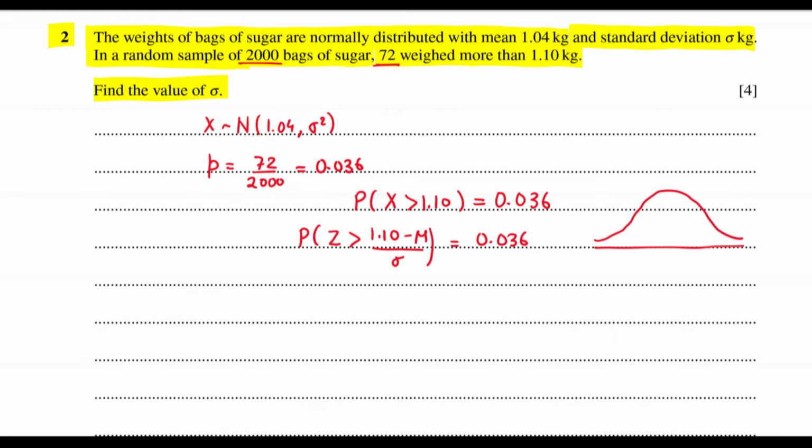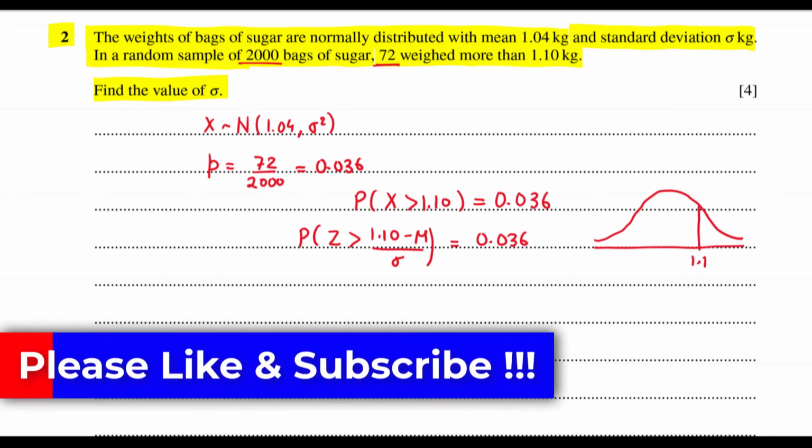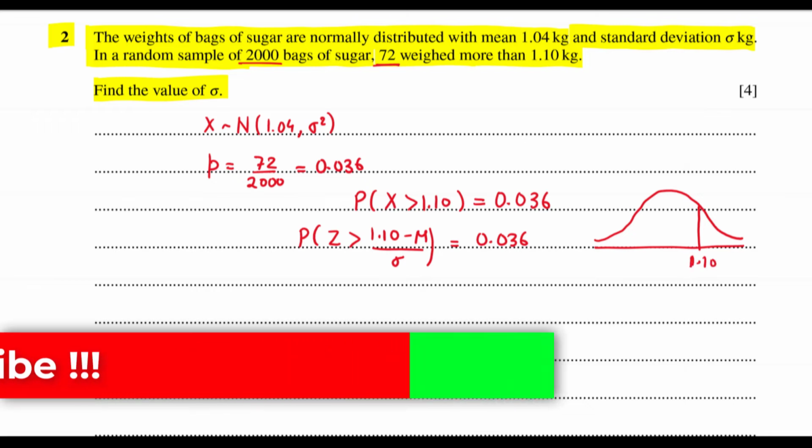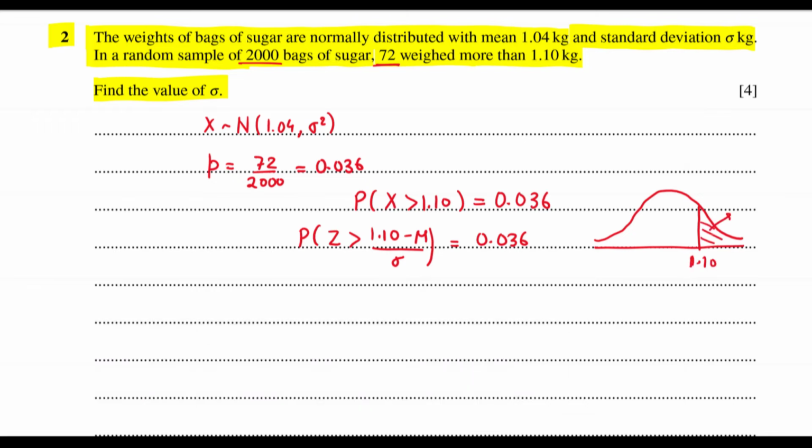So I will draw this diagram. Here 1.10 kg is going to be here, and more than this the probability is 0.036. So if we see this area, it is going to be 1 minus 0.036, which is 0.964.